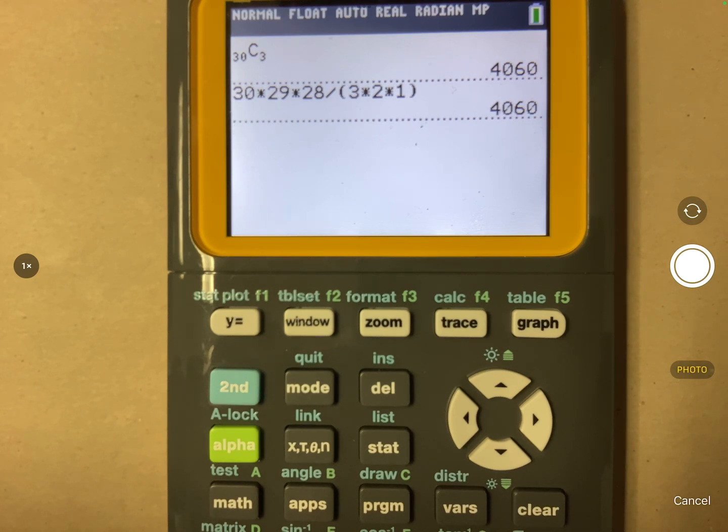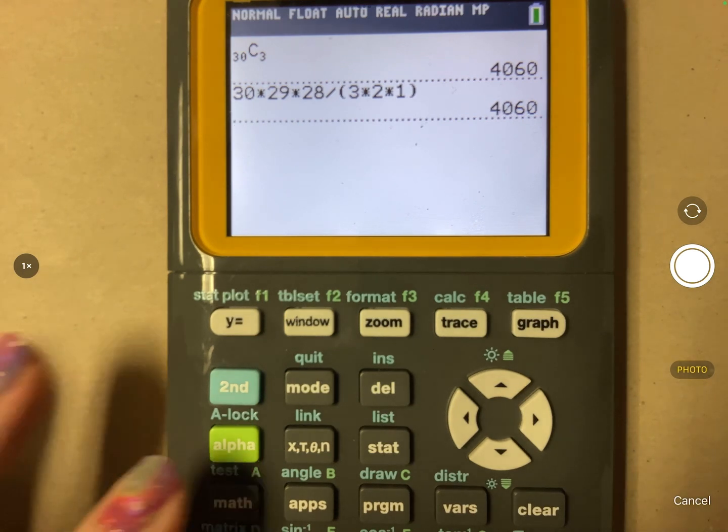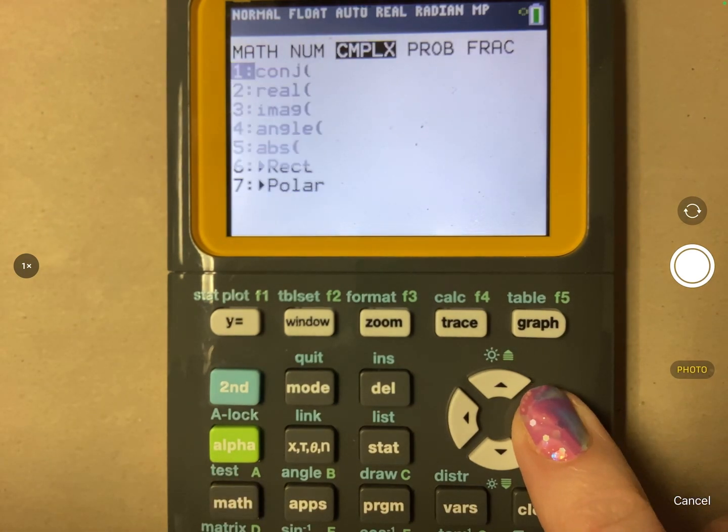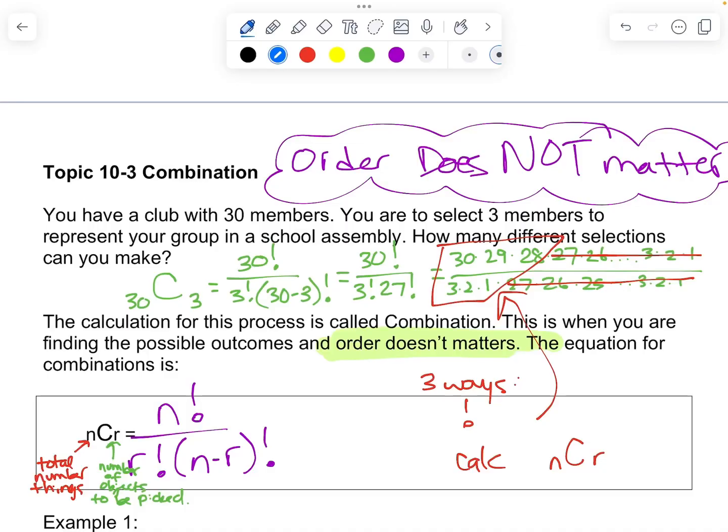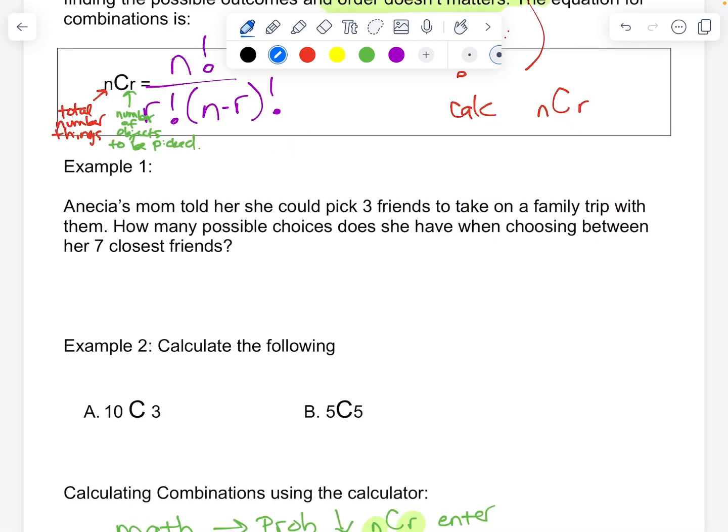If you wanted to type it in using your formula and the exclamation marks, remember those: math, probability, and you can type it in using your exclamation mark. The final answer for our example, where we are selecting 3 members to represent our group at the school assembly, was 4,060.